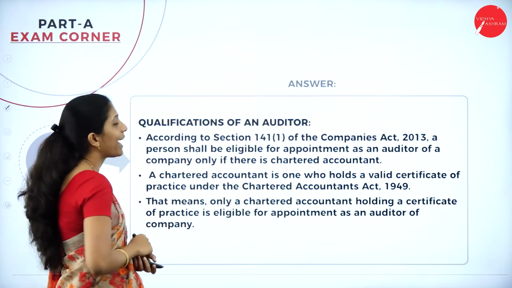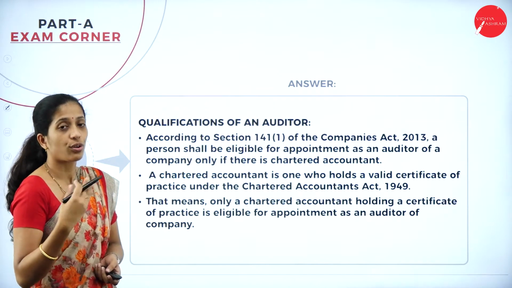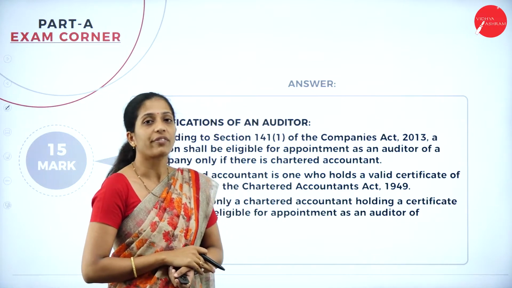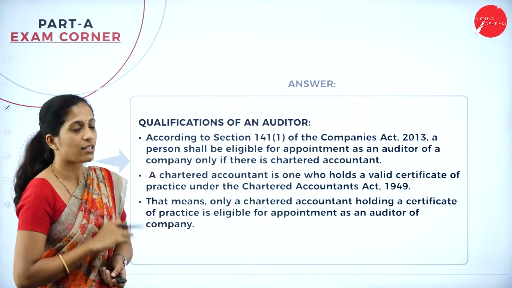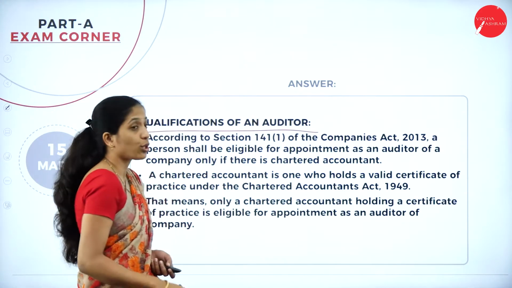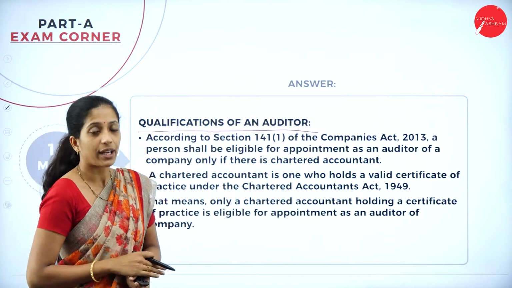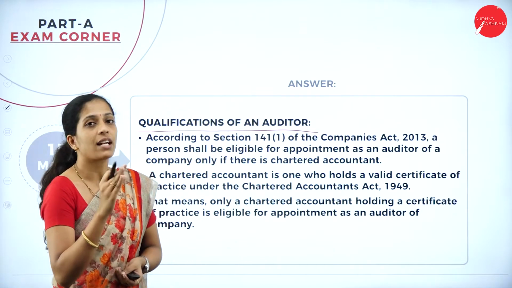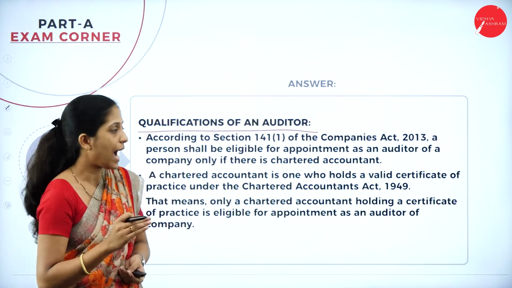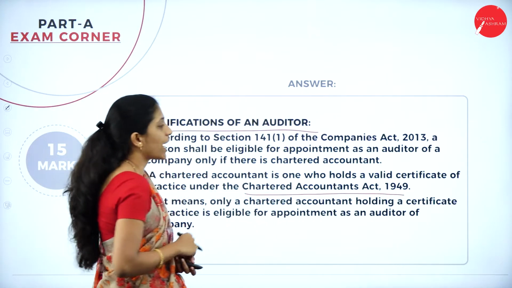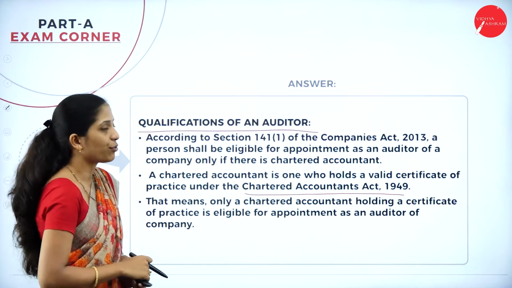So first you have to write who is an auditor. You can write: an auditor is a person who examines the books of account of an organization. Next, write what are the qualifications. He should be a chartered accountant and should be certified as per the Chartered Accountants Act of 1949.